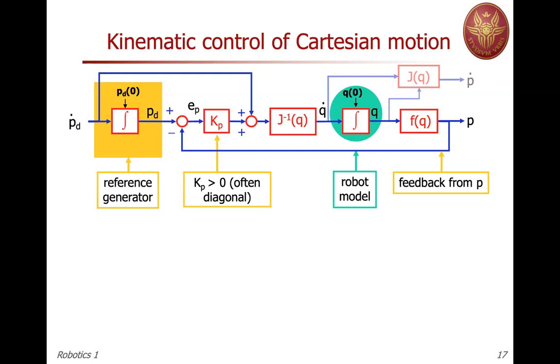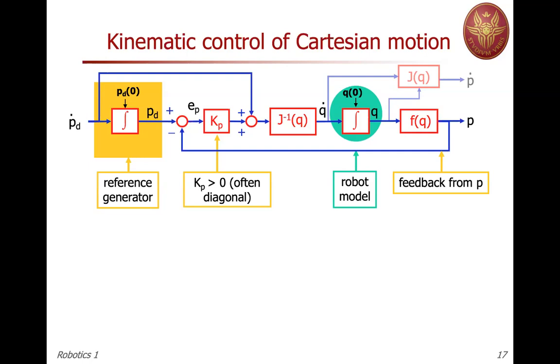So you take P desired, you compare with P, and you have an error in the Cartesian space. So what we have called before E of P. So it's a different error than in the joint case. And you're reacting to this error with a diagonal, typically diagonal, but certainly positive definite matrix.